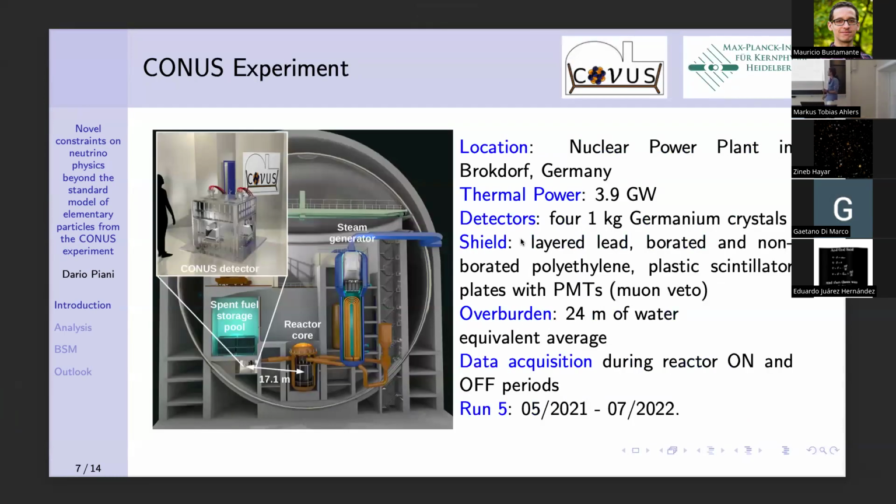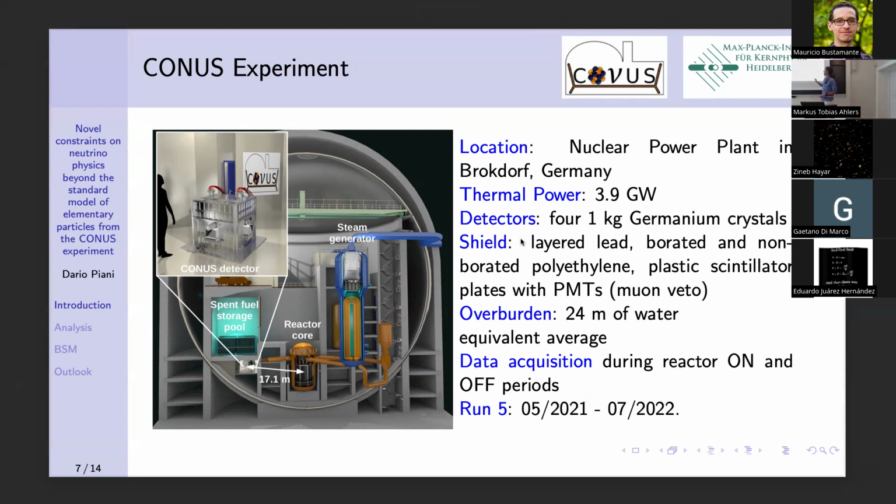Okay, so the CONUS experiment was located in Germany, in Brokdorf, at a very powerful nuclear power plant, and was equipped with four 1-kilogram germanium detectors, which were shielded via layered lead, borated and unborated polyethylene, and an active muon anti-coincidence veto to lower the background as much as possible.